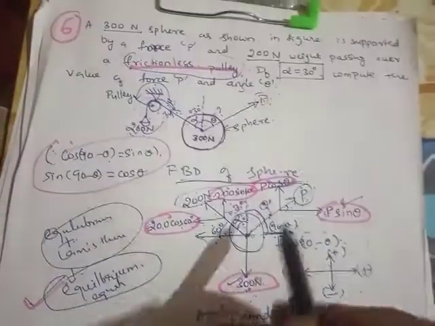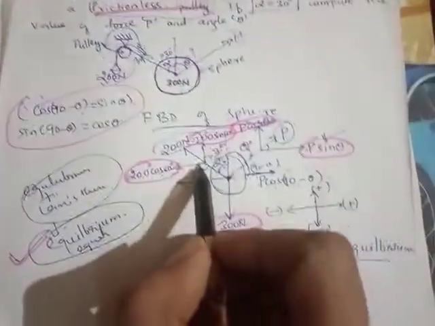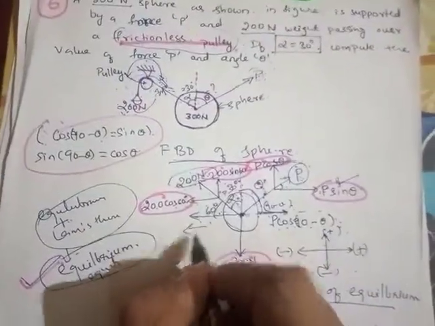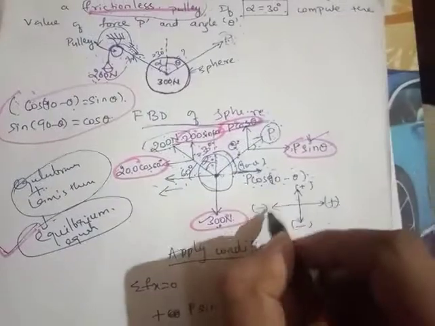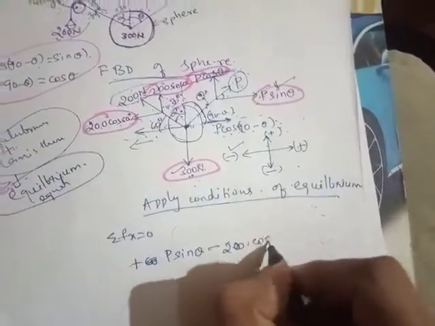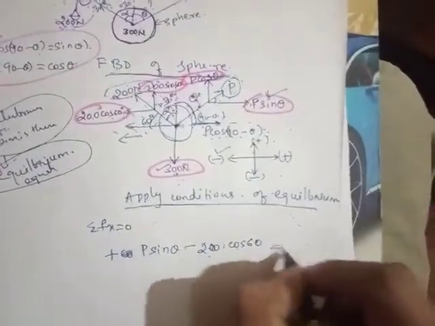Now what is here? It is 200 cos 60, which is acting in the left hand direction, so it is negative: minus 200 cos 60, equating it to 0.